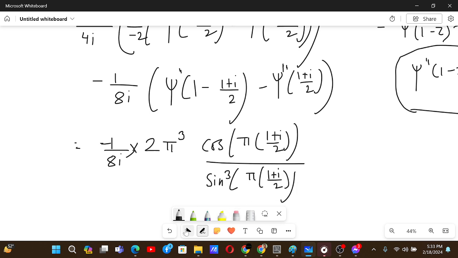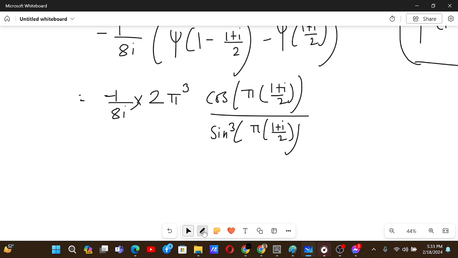Yeah. Now to evaluate this, I don't think it will be a lot of trouble for us. So basically this is cos of pi by 2 plus some angle, so that is just minus sine. So minus 1 by 8i into 2 pi cube.